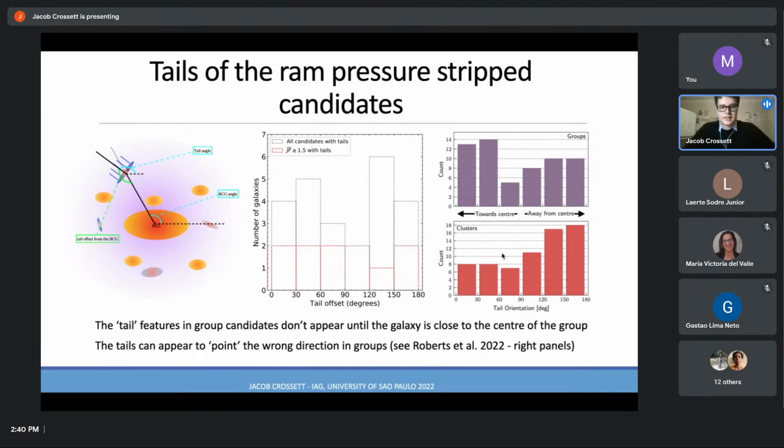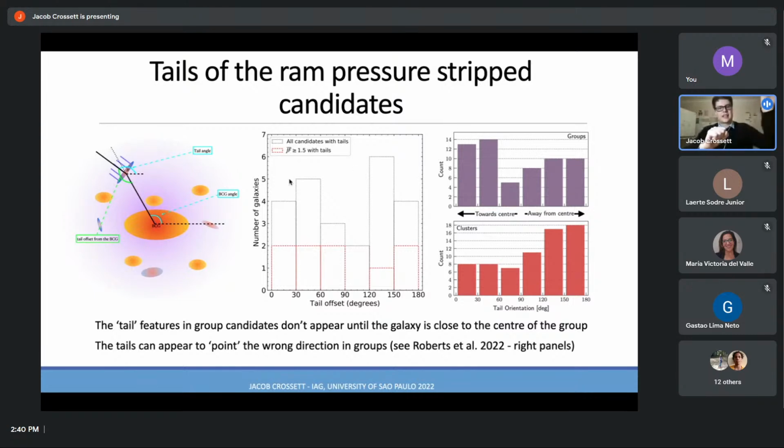And in clusters, what we see is that most galaxies tend to have their tails pointing away from the cluster center. So the tail orientations tend to be away, so 180 degrees. However, in groups, both in our work here in the middle panel and in this work from Roberts et al. 2021, we can see that the galaxies have a peak actually pointing towards the center.